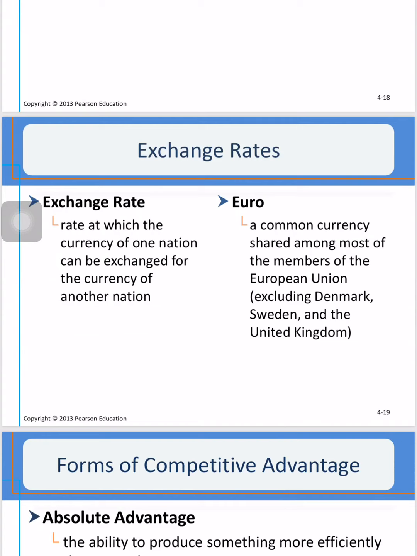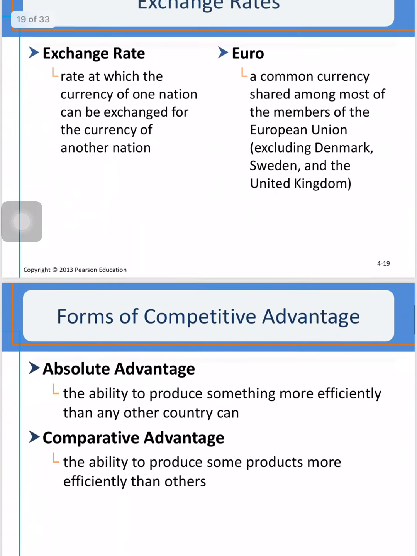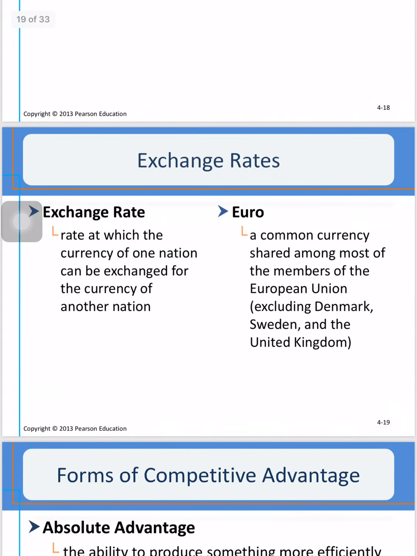Is the fixed exchange rate stated in your slide or not? Never mind, fixed exchange rate is in your textbook there. A fixed exchange rate is sometimes called a peg exchange rate.